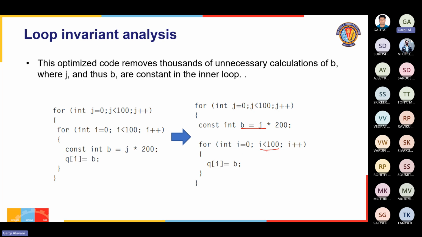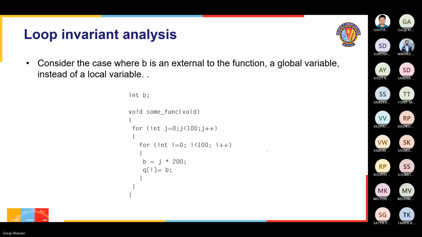Now, a compiler should be easily able to find this out and fix it, right? The compiler will take care of the optimization. Why do we bother in this particular case? This is fine. This can be taken care of by the compiler. But if you have such a scenario, what will happen? Do you think the compiler will do this optimization itself?